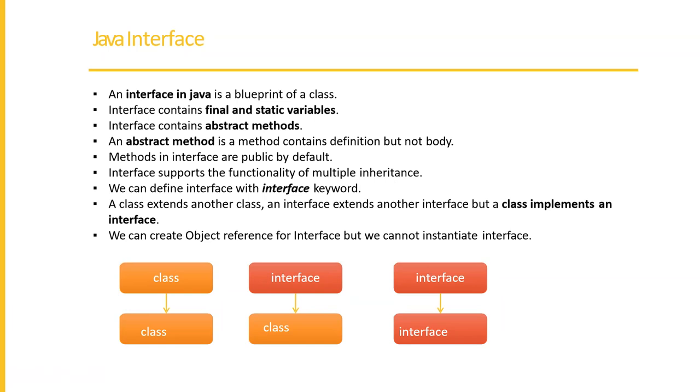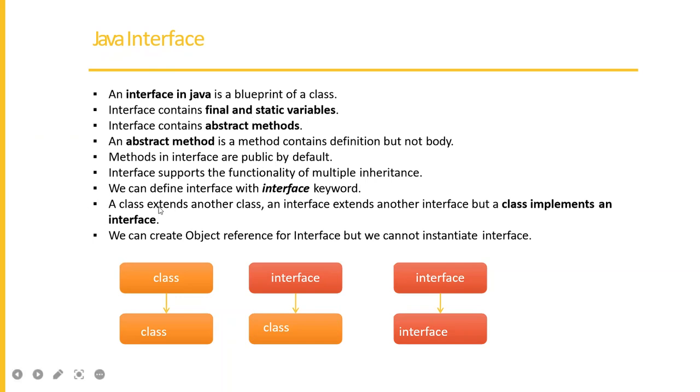So an interface is basically a 100% abstract class, because abstract methods are there and it also contains final variables. It is pure, 100%, because everything is abstract.